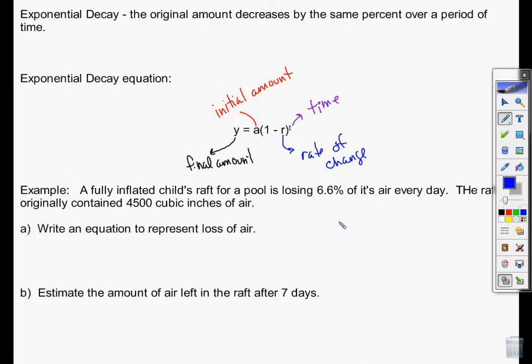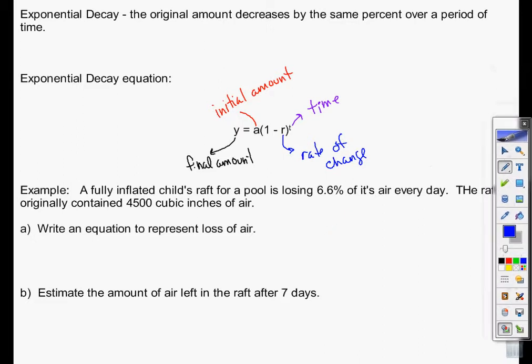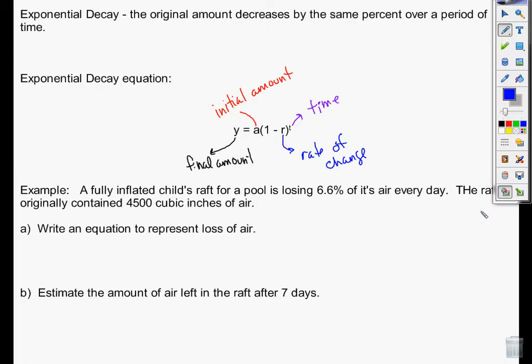Okay, a fully inflated, this word right here is raft. You have it on your paper. A fully inflated child's raft for a pool is losing 6.6% of its air every day. If the raft originally contained 4,500 cubic inches of air, we're going to want to write an equation to represent that loss. So 6.6% is r, and that 4,500 cubic inches of air is a.